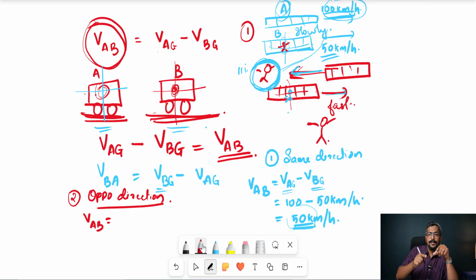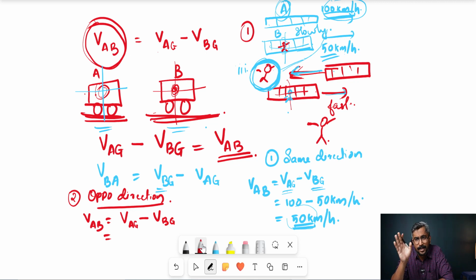The second train B is the train in which you are sitting and observing the first train, A. Once again, VA minus VB. VA means A with respect to ground, and VBG means velocity of the second train with respect to the ground. I'm taking the velocity of the first train as 100 kilometer per hour.